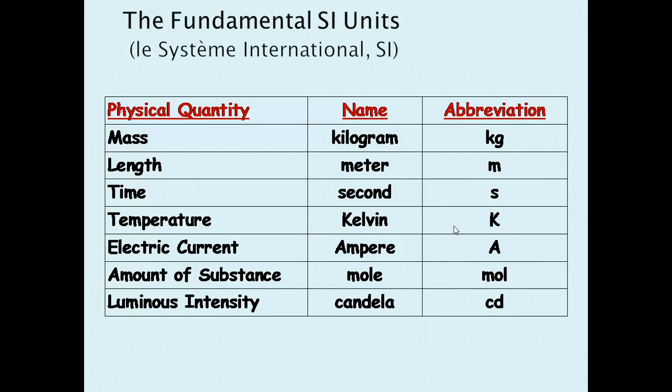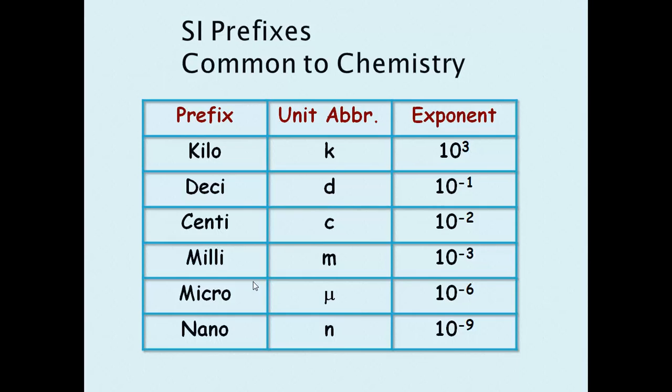Temperature is Kelvin, abbreviated K. And then electric current, ampere. Amount of substance, we will use this one, is the mole. We abbreviate it mol. And then luminous intensity, the candela, cd. We really will not use these units this year in chemistry. So those other ones, though, you should be familiar with.